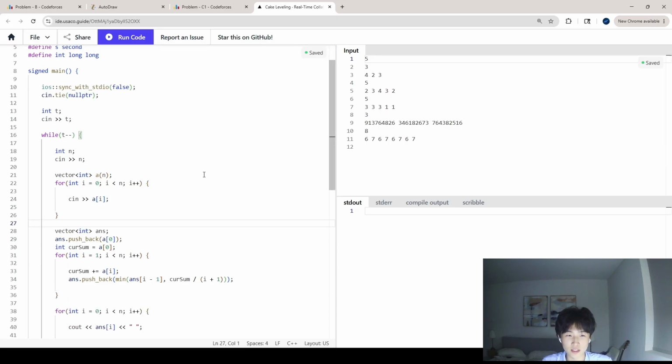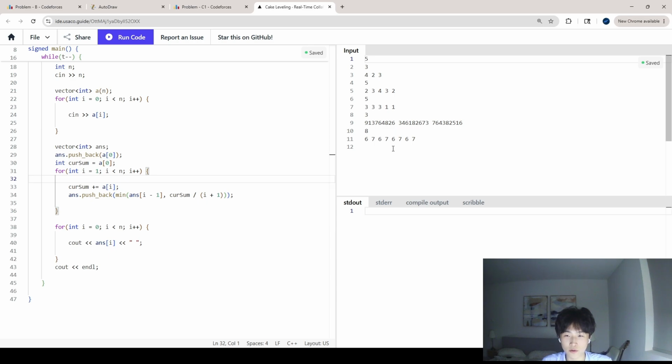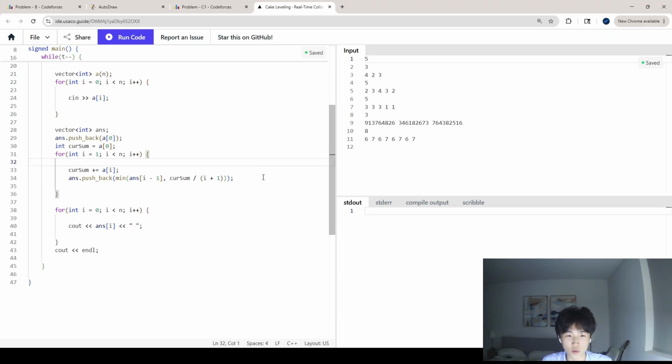So now we can look at the code for this question. Basically, you insert all the values and create the vector for the answer, and you first push back the first value, because the answer for the first index will always be equal to the first value, since all the values from 1 to 1 will obviously be the same because there's only one value.